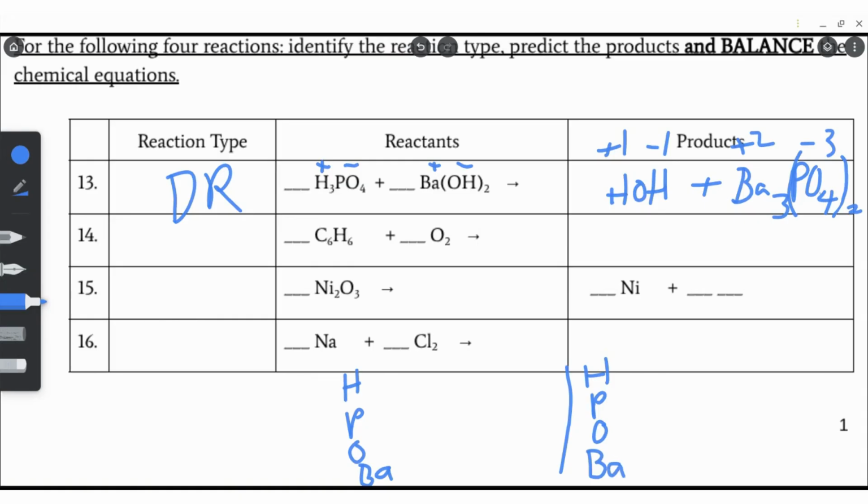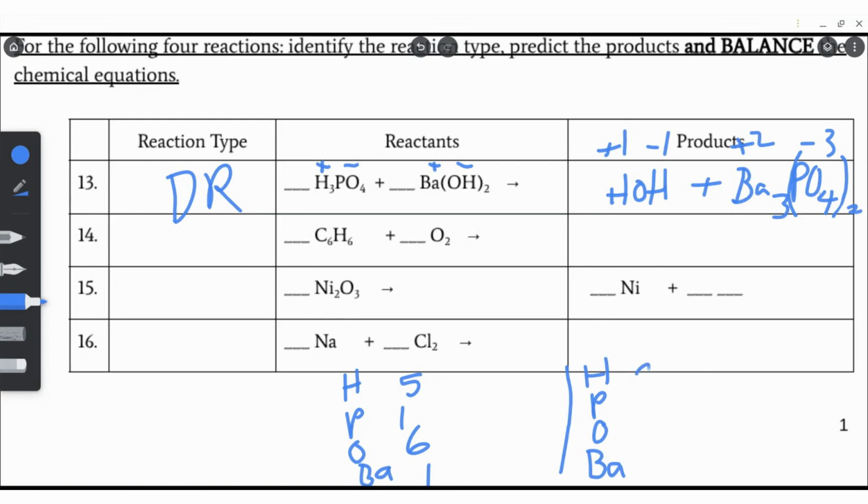All right, so counting up what we see on each side. In our reactants, we have 3 hydrogen here, and then 2 right here, so that is going to be 5. We have 1 phosphorus. We've got 4 oxygen here, and then 2 right here, so that's going to be 6. And then we have 1 barium. On our product side, we have 2 hydrogens in our HOH.